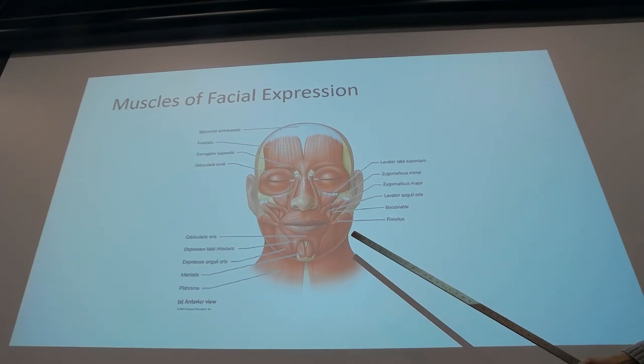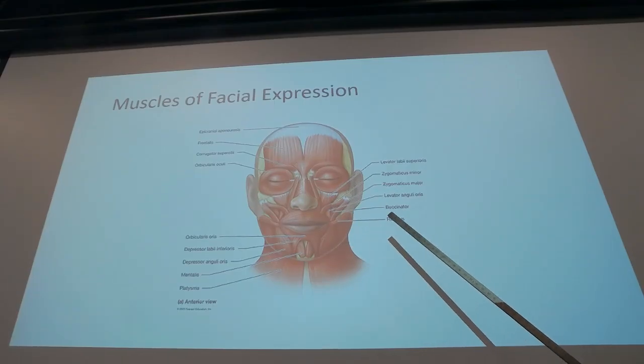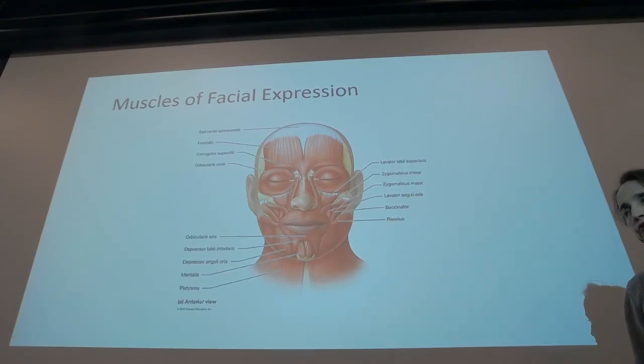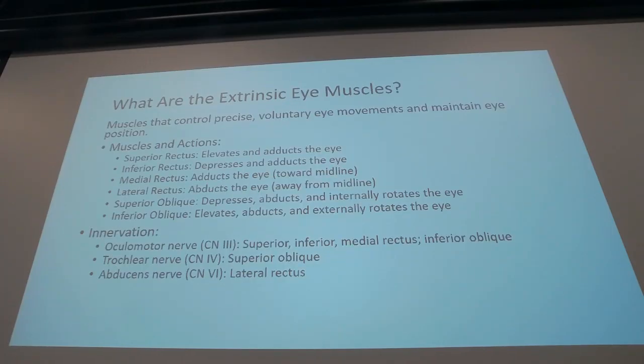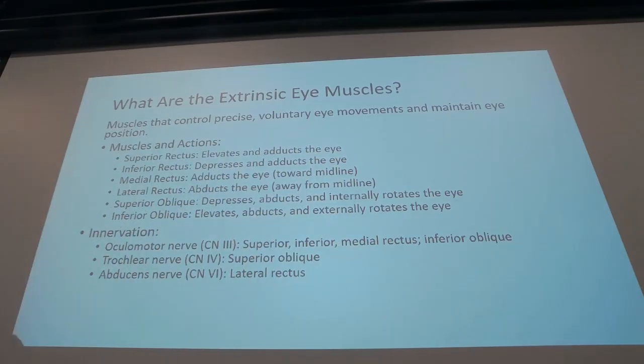Most of these muscles, again, they are inserted into the dermis of our skin. That's why we cannot hide our emotions really easily. Now, another exception for muscles that do not insert in bones, just like our facial muscles, will be the muscles of the eye.